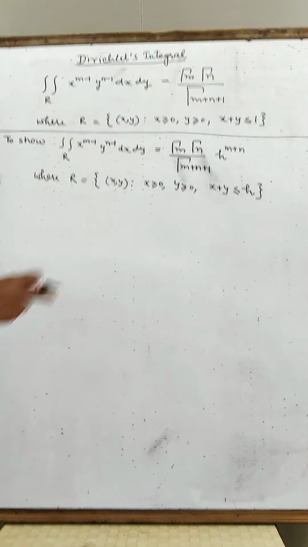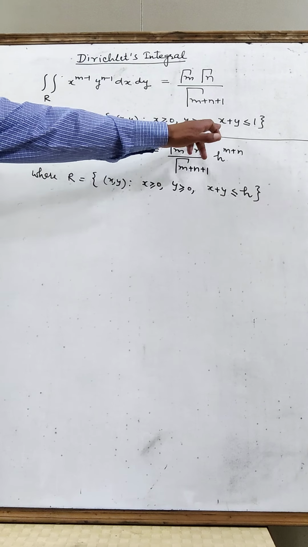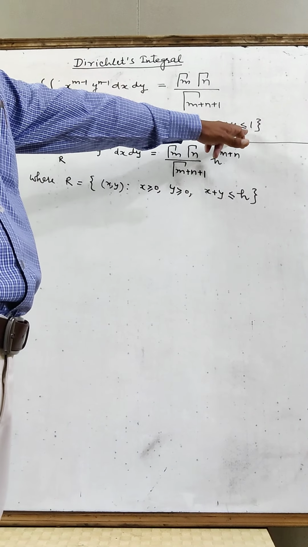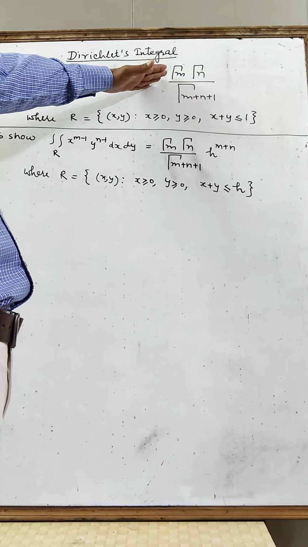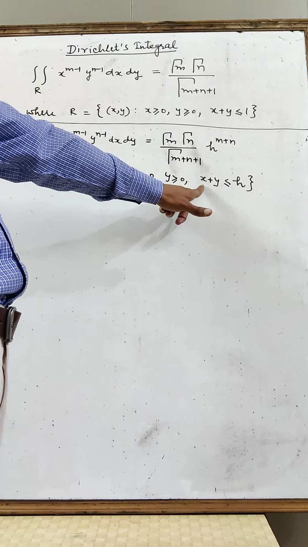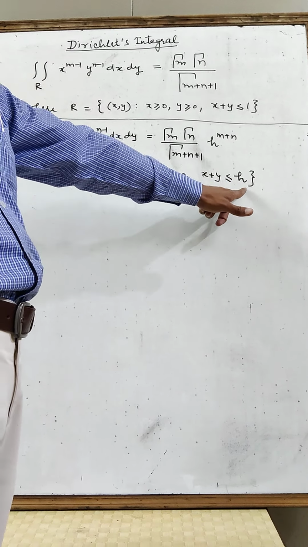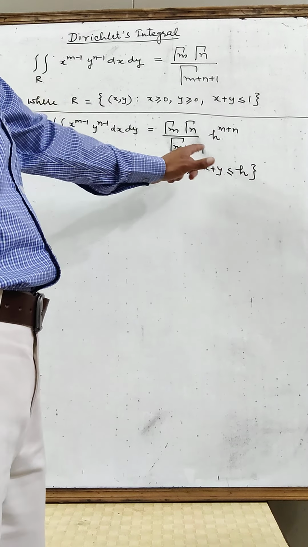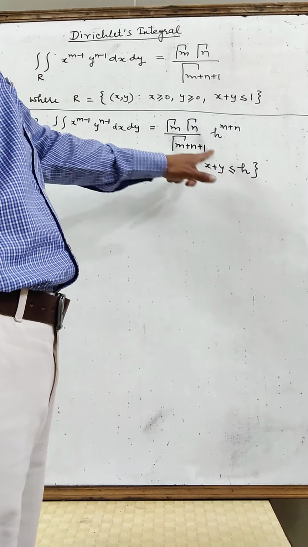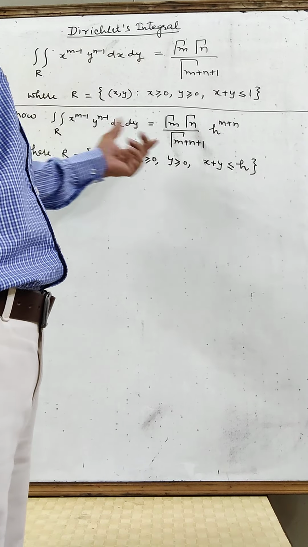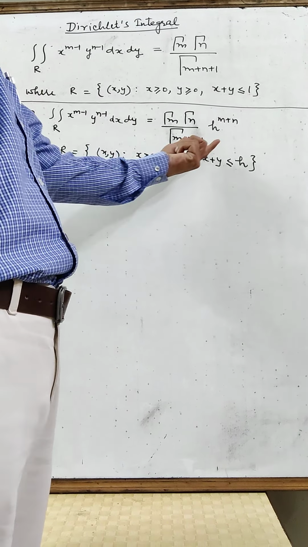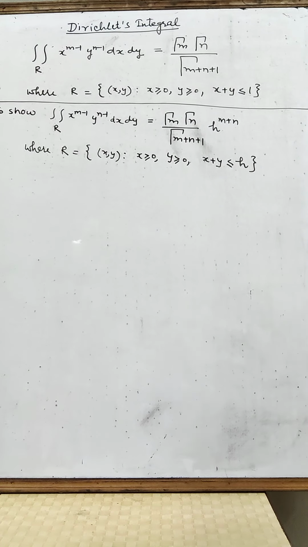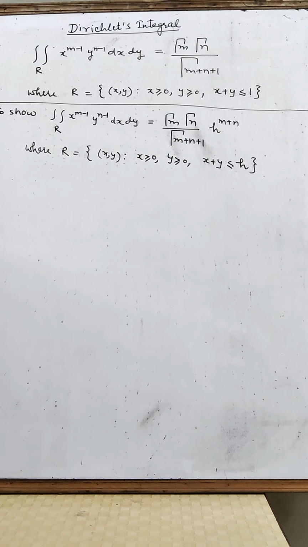So just compare the two. Here it was x plus y less than or equal to 1, and we can directly use the result, but here it is x plus y less than or equal to h. So if there is some other constant other than 1, then we have to show that this integral would be equal to this. How can we show that?